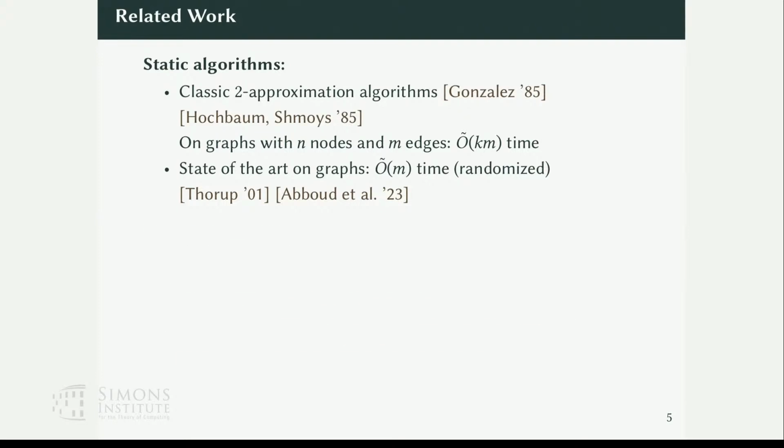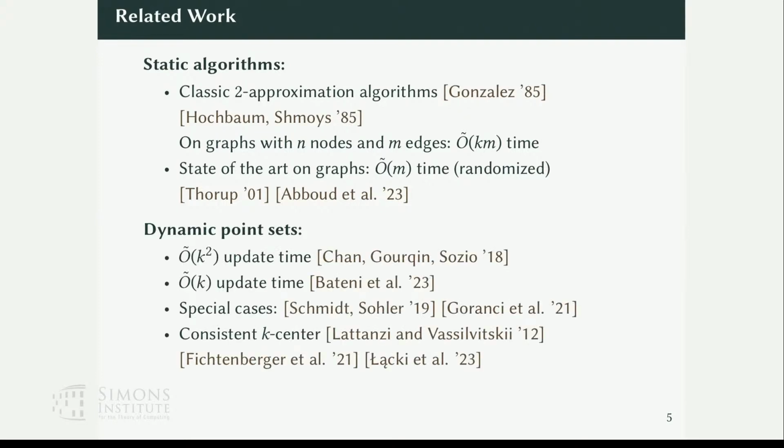Okay. And what's known for dynamic point sets, k-center in dynamic point sets? The first was a result that had a k-squared update time. Very recently, in an effort including many people, for example Monika, this was reduced to a tilde O(k) update time. And those works also give a 2 plus epsilon approximation.